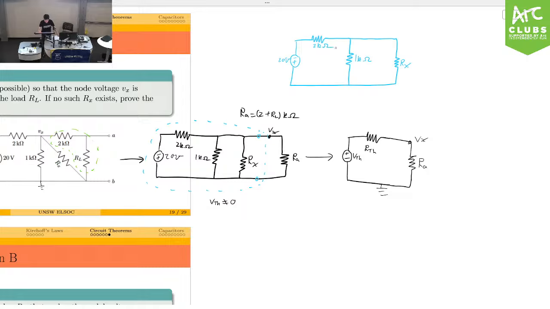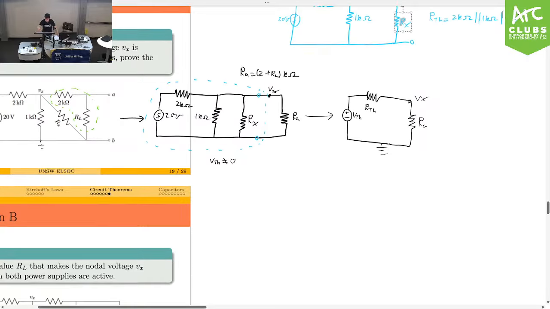To find this Thevenin resistance in this case, we can just short circuit the 20 volts. And do you see how RTH just equals 2 kilo ohm in parallel with 1 kilo ohm in parallel with Rx, right? Because once we short circuit the 20 volts, we only have those 3 resistors in parallel. So that's going to be our RTH.